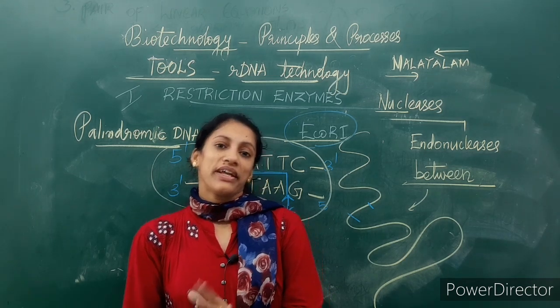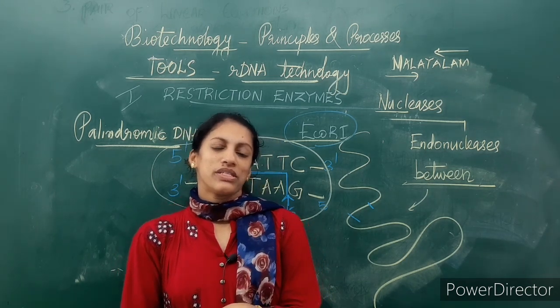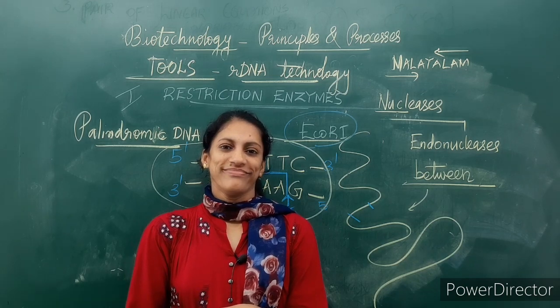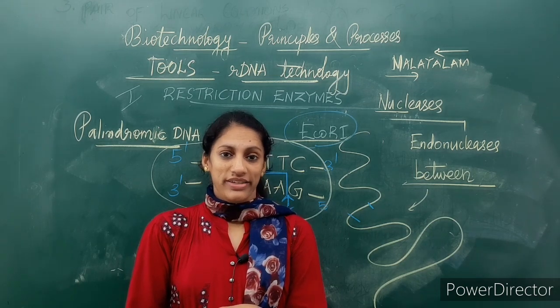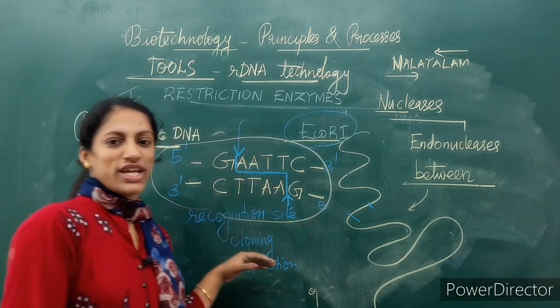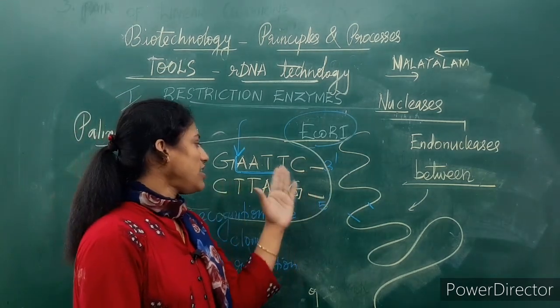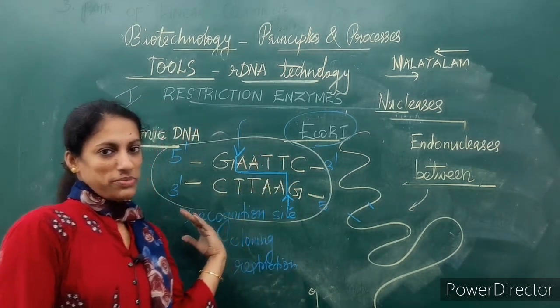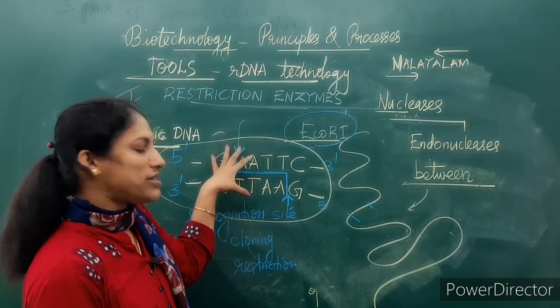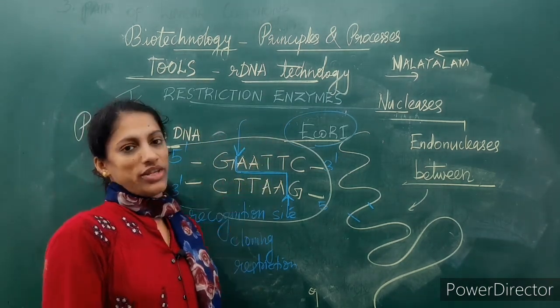So which is the recognition site, the palindromic sequence, of EcoR1? Don't simply write GAATTC, you should write both strands: GAATTC, GAATTC, 5' to 3', 5' to 3'. This is the palindromic sequence of EcoR1.